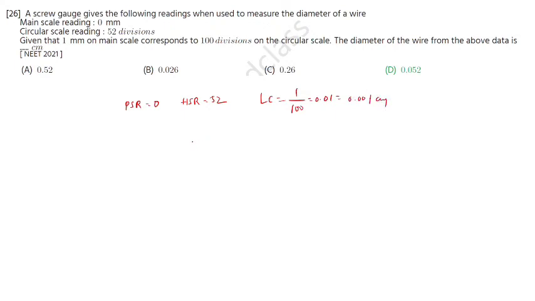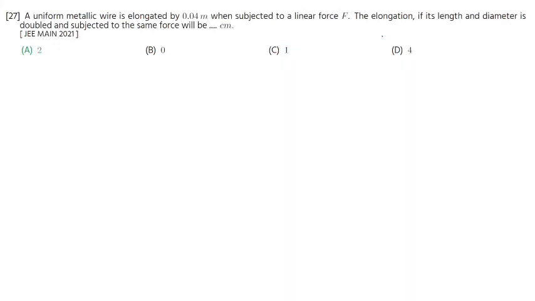So now total reading per formula we know, that is PSR plus HSR into LC, so that is 0 plus 52 into 0.001, so it will be 0.052. Option D.